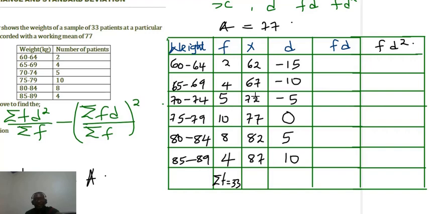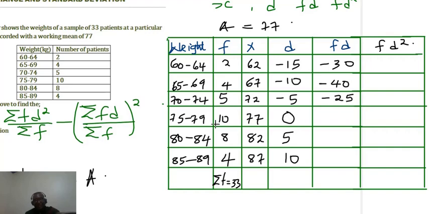Right? So the next thing, we're going to get fd. Just getting f times d. So 2 times negative 15, we get here negative 30. 4 times negative 10, we get here negative 40. 5 times negative 5, we get here negative 25.